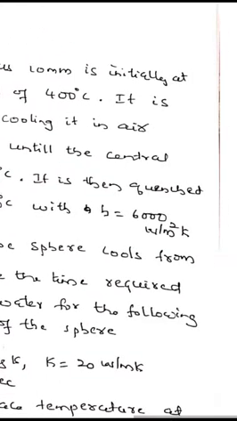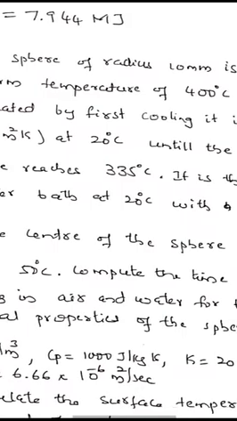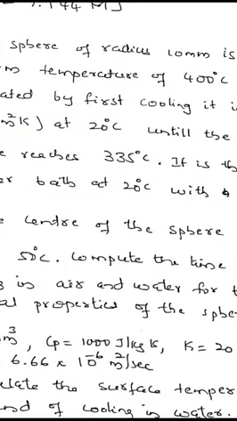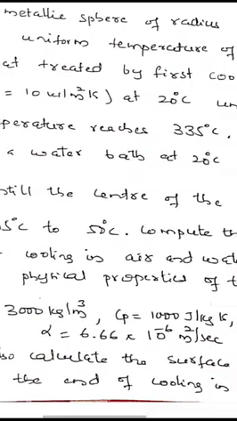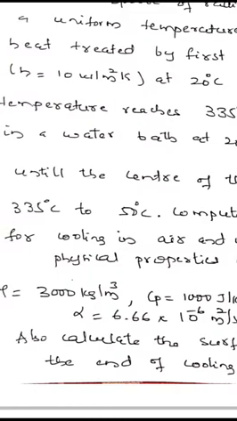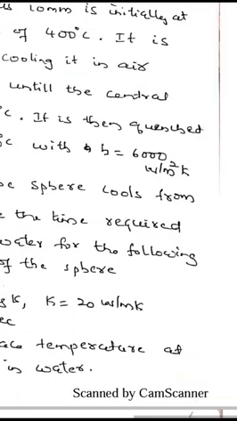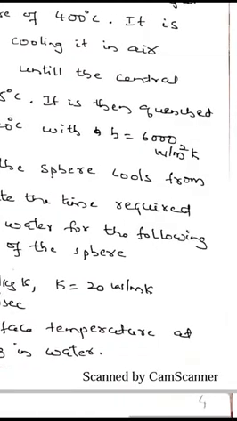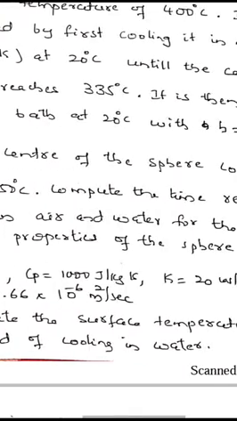Then it is quenched in a water bath at 20 degrees centigrade with h equal to 6000 watt per meter square Kelvin until the center of the sphere cools from 335 to 50 degrees centigrade. Compute the time required for cooling in both air and water for the following physical properties of the sphere.